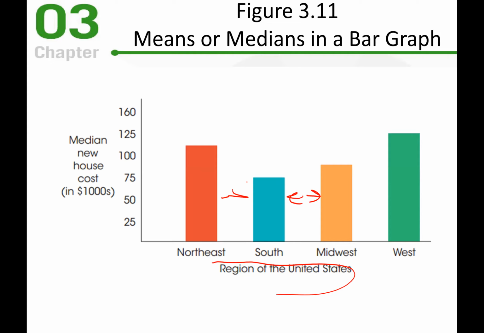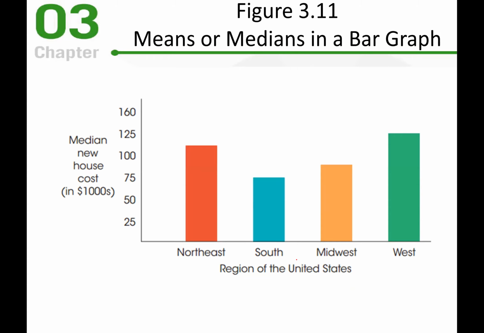These are discrete variables. You can't be in the Northeast and the South. You can't be in the West and the Midwest. You're in either one category or the other, and they're separate from each other.